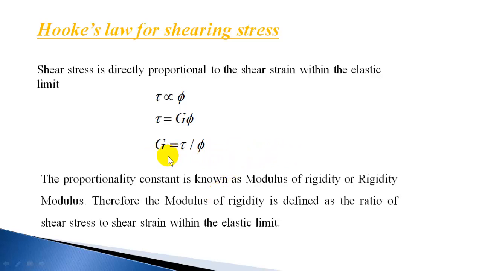This modulus of rigidity is a property of the material, and it is a constant. Its unit is Newton per mm square or megapascal, or you can even express it in gigapascal, since shear strain has no unit, and the unit of modulus of rigidity is the unit of shear stress.